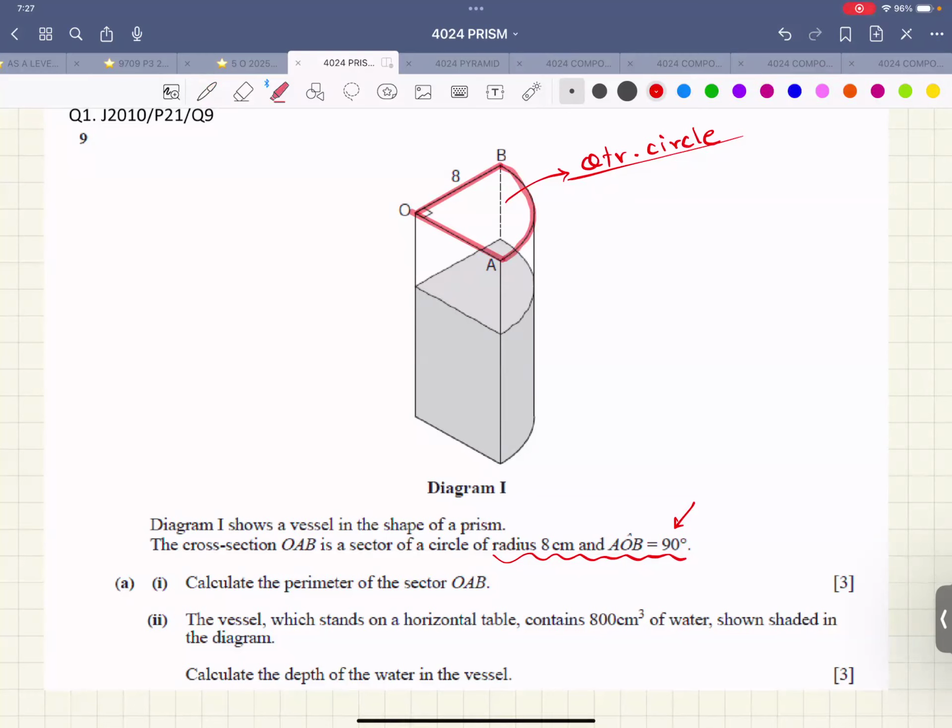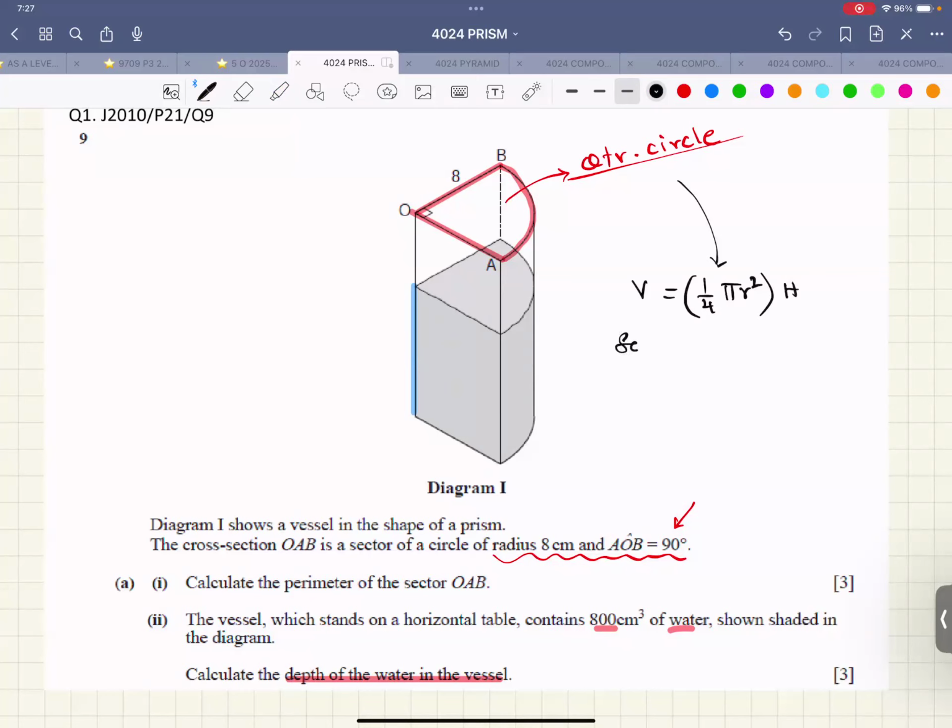The vessel which stands on a horizontal table contains 800 centimeter cube of water. Calculate the depth of water in the vessel. So they are asking for this depth. For this depth, this is the corresponding height. The cross section is the same. So therefore, I'll write volume is 1/4 of pi r square, that is the quarter circle area, into h.